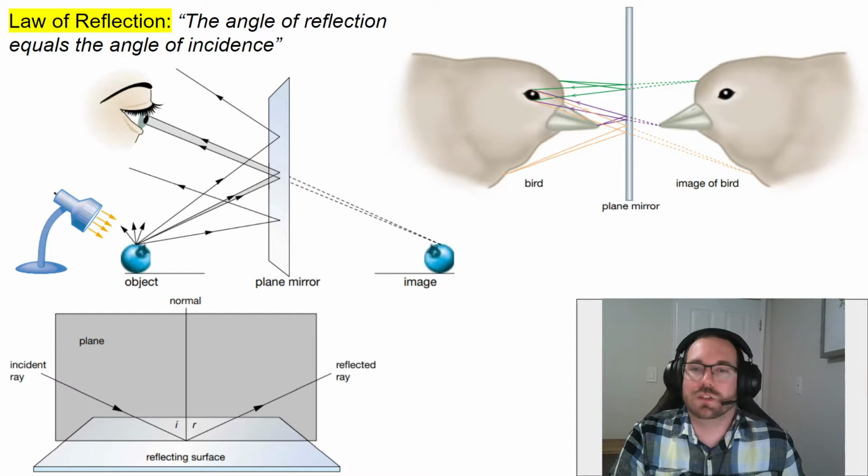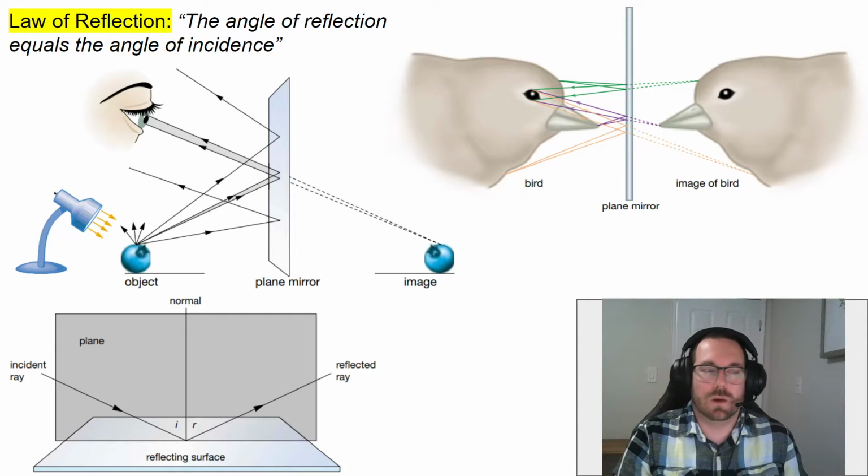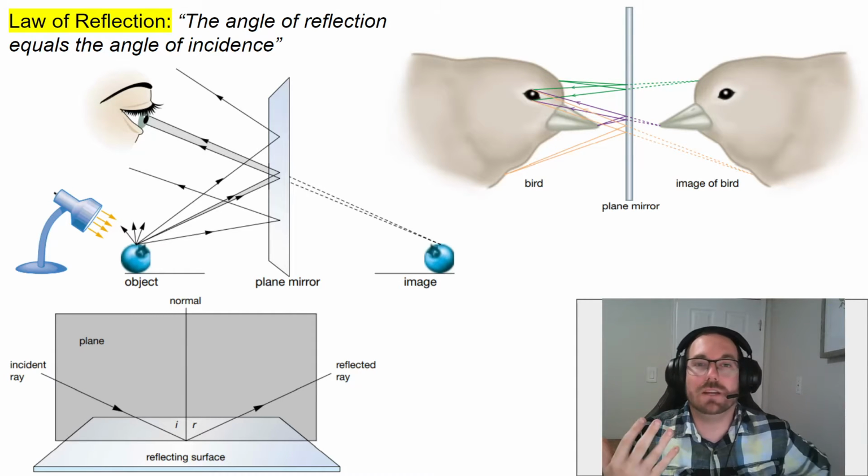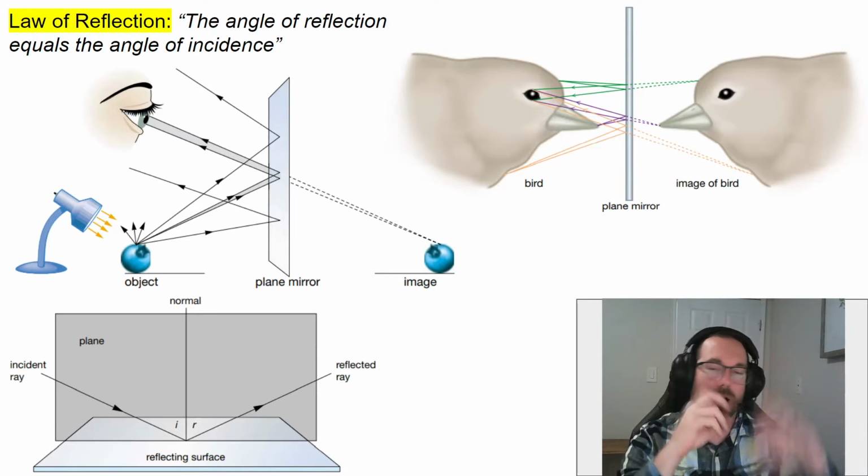Now, why are we stressing this so much? Well, this becomes really important when we're dealing with a flat or a plane mirror. When we look at an object in a flat or plane mirror, it creates the image of an object an equal distance away that appears to be behind it.